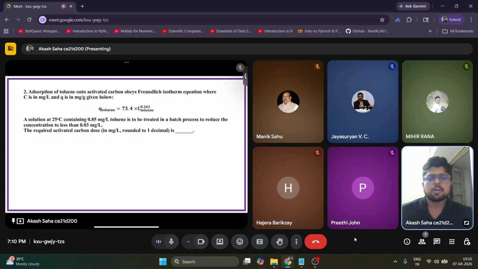I hope you are aware of the Freundlich isotherm equation, what it signifies and how it helps to understand the adsorption process. Are you aware of what the Freundlich isotherm equation signifies? Anyone who would like to say what it really tells?